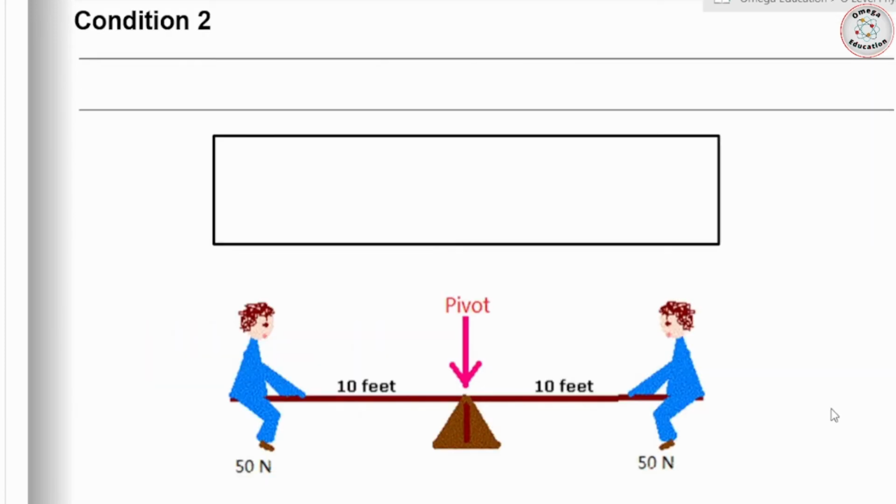All right, then we have the second condition. Second condition, I'm not going to teach in detail, because we studied those details in the other chapter, that is turning effect of force. Now the second condition is that there should be no net moment of force.